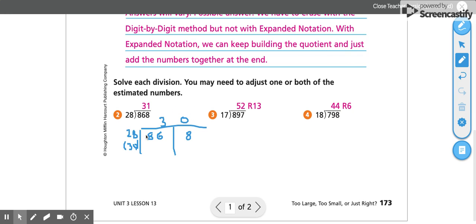And then when I multiply my 28 times 30, if I do 28 times 3 over here, times 3, let's do that right there.